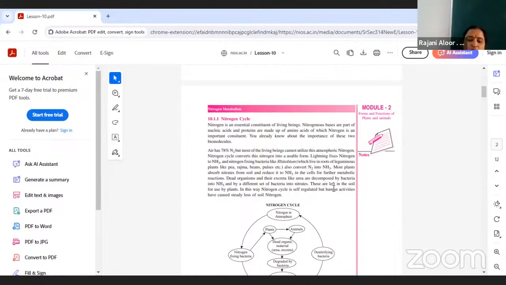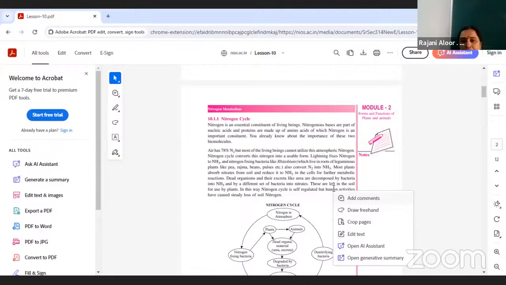The roots of higher plants take up, meaning absorb, these organic nitrogenous compounds, which participate directly in plant metabolism. This is the third one, organic nitrogen. And the fourth one, molecular nitrogen.